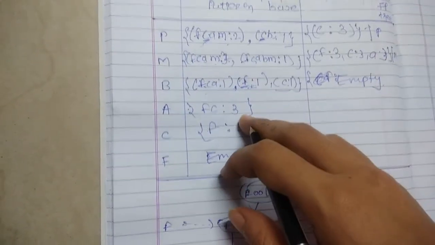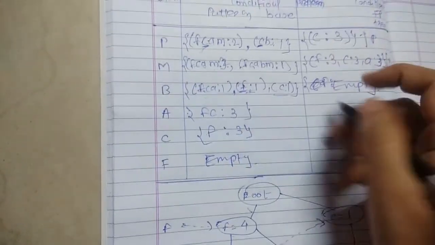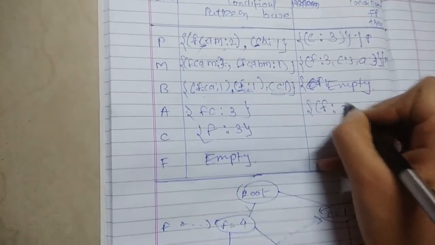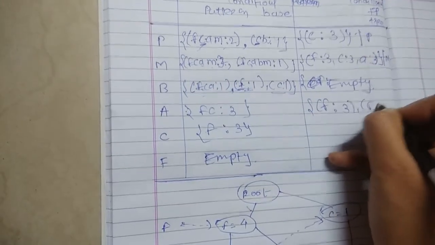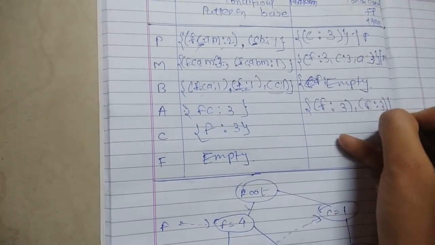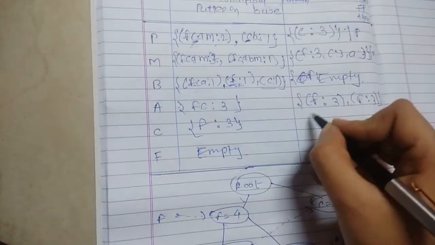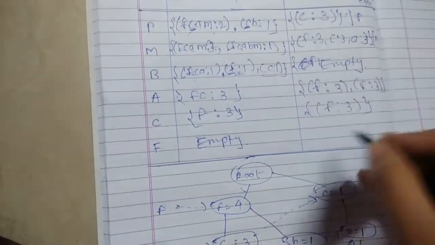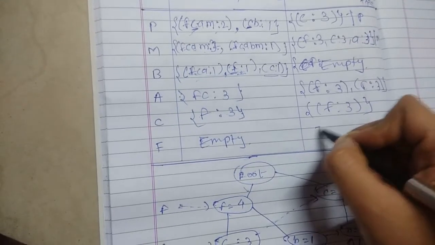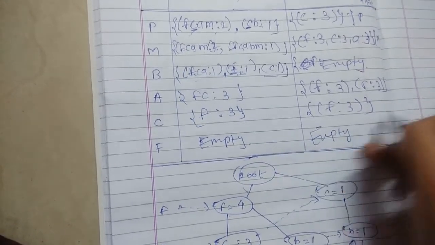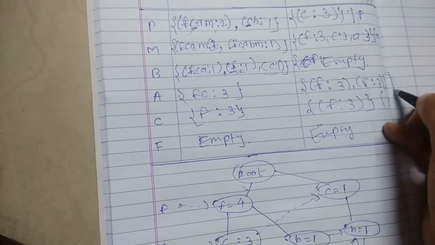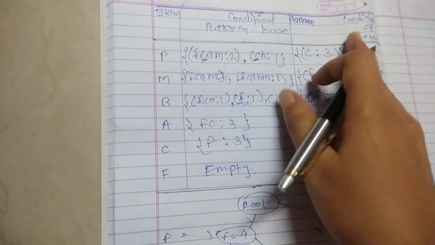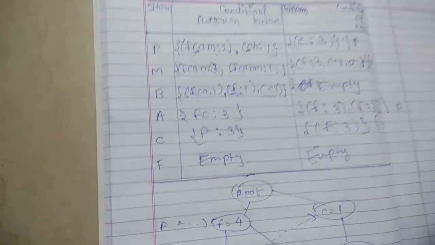Next is F, C with 3, so it is written as F: 3, C: 3. For F it is directly written as F: 3, and at last it is empty. It is for C and it is for A. So this is how the conditional FP tree is generated.